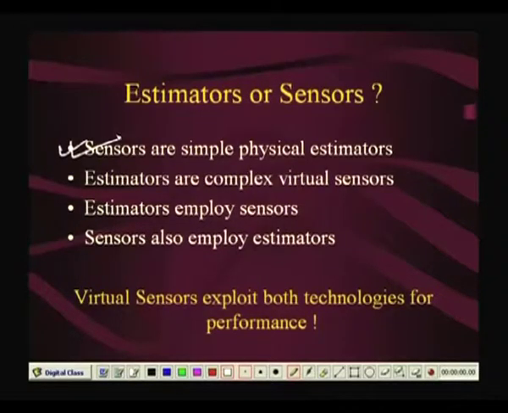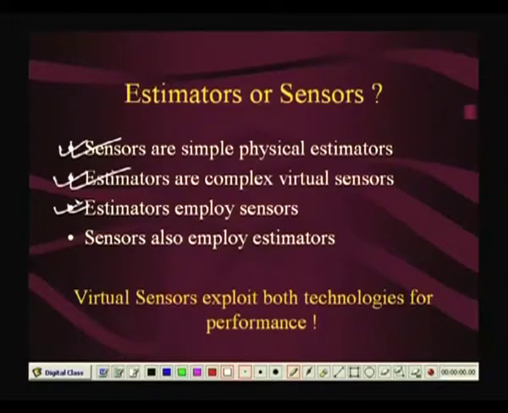You actually sense the resistance change, and from that you can estimate the temperature. So, in that sense sensors are simple physical estimators. If that is so, then we can say that estimators can become very complex virtual sensors if we use complicated models which involve a number of inputs, and if we want to reject noise, disturbance, interfering, modifying inputs, then it acts like a complex sensor.